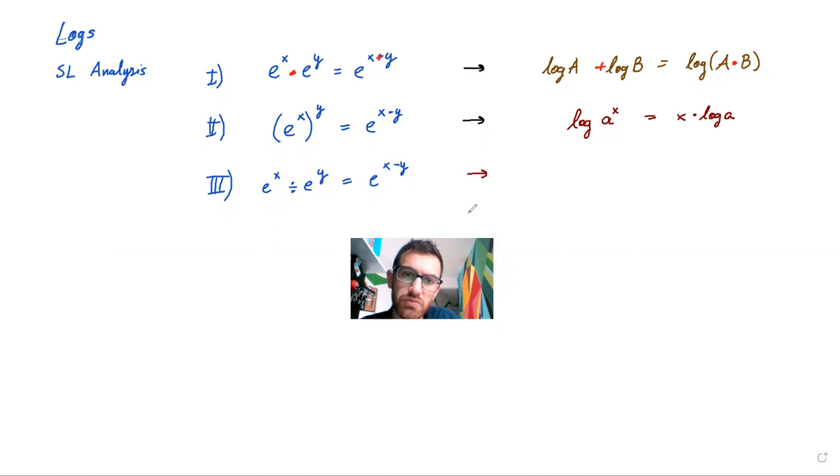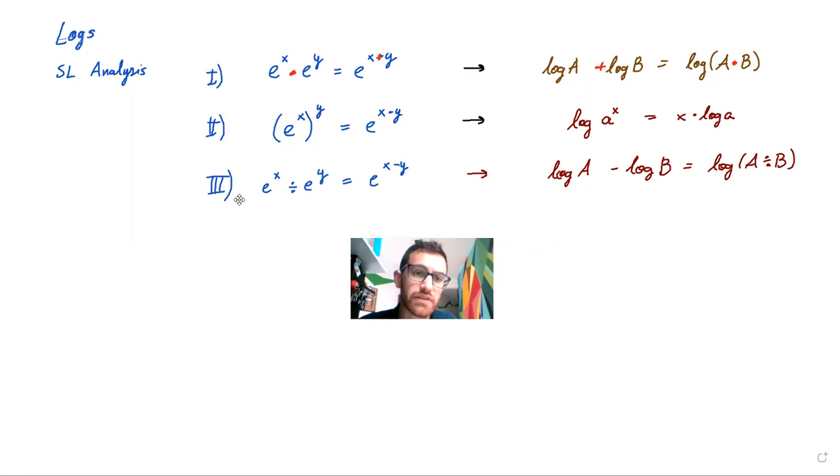This is pretty much how it works. And here, similarly, you can do log of a minus the log of b, and this is going to be equal to the log of the ratio, log of a divided by b. So I want to show you that properties of exponents are converted into properties of logs.